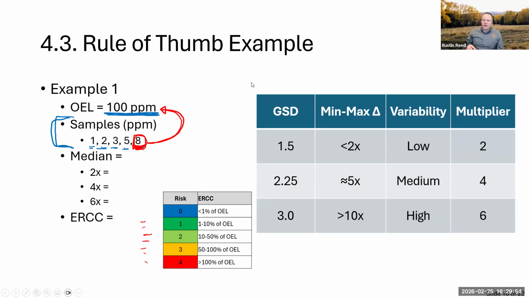Good, good. It was kind of quiet, but I think I heard that. Yeah, exactly. It's going to be 8%. So I look at my categories here and I see, okay, this one has 1 to 10%. So that sample, if we're just looking at it by itself, would fall in that category.